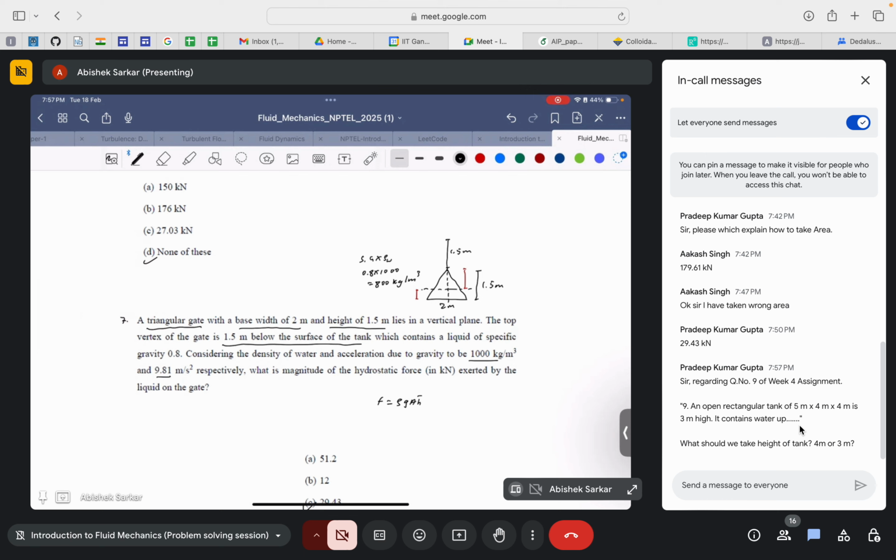If it's asking something like finding the net force that acts on a particular shape, then you need to take the height h. Always take h as the height up to which the water is contained. Okay, so that's the hint. I hope that's fine, because I haven't seen the question, as I'm just a TA of this course rather than the instructor.